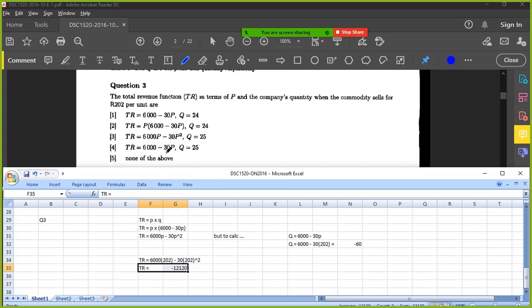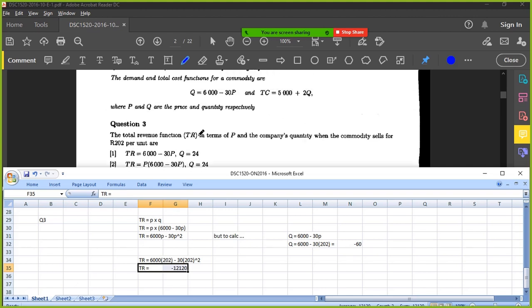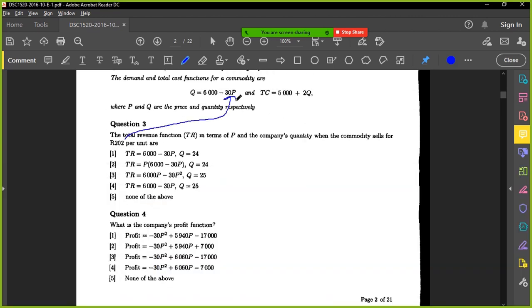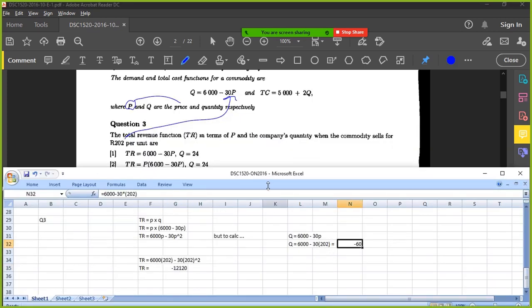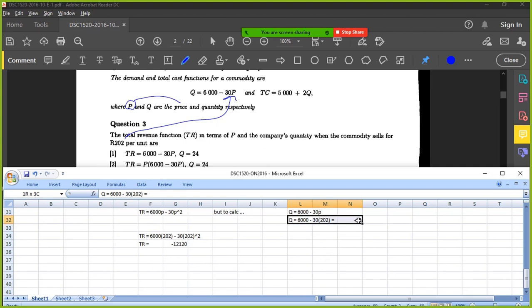So looking at this, if they tell you the commodity sells for 202 per unit, that is the price. So if that's the price, that's P. If you plug that into that option there, then you get minus 60 as quantity. Can you have negative quantity? No, you can't. So that wouldn't be possible if the commodity sells for 202 units.